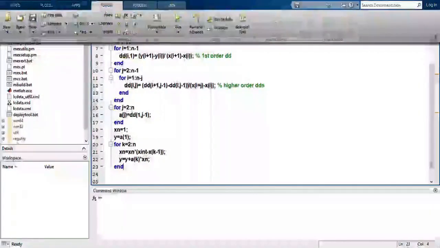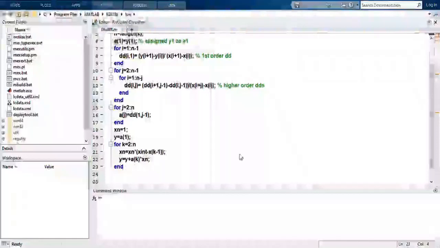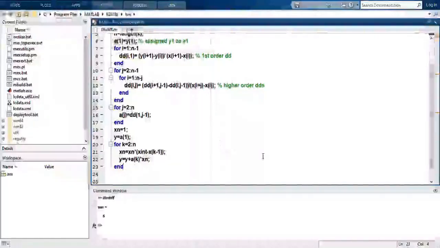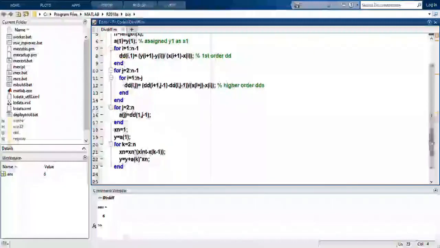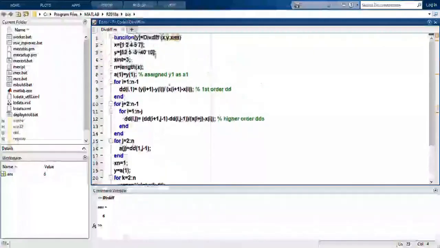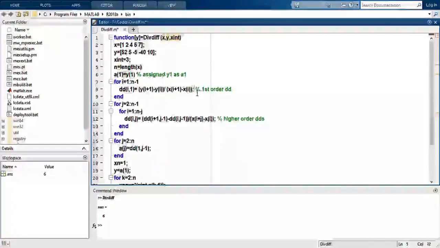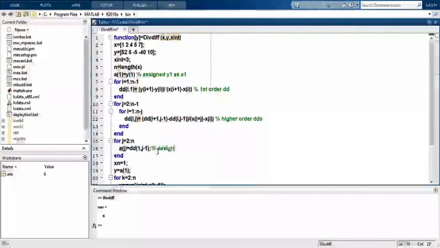All right, and so if we save this as diff, then if we run it, execute it, then answer is 6. If we want all the columns, then when we remove this one, first order divided differences, higher order divided differences, and assigned coefficients.